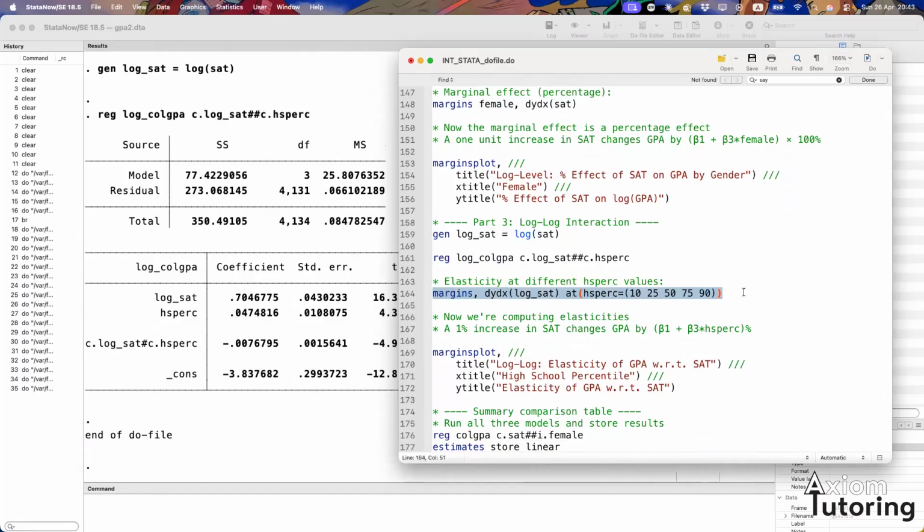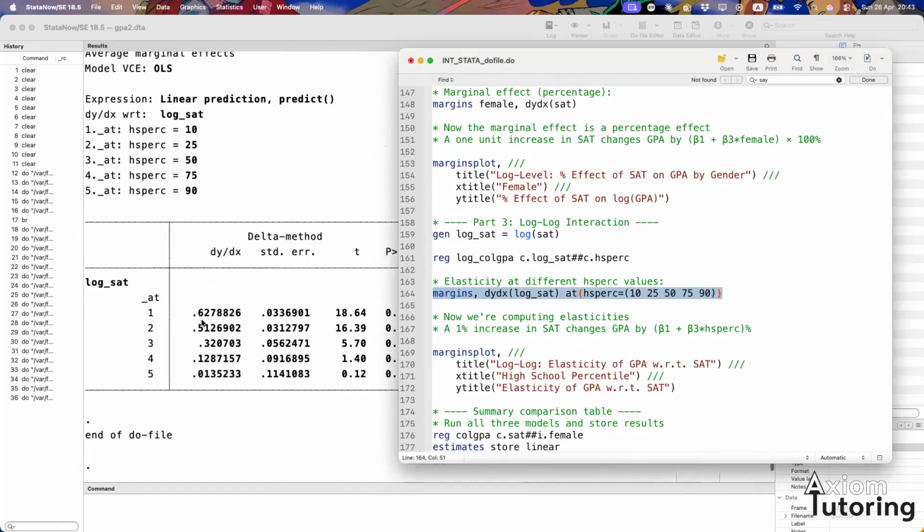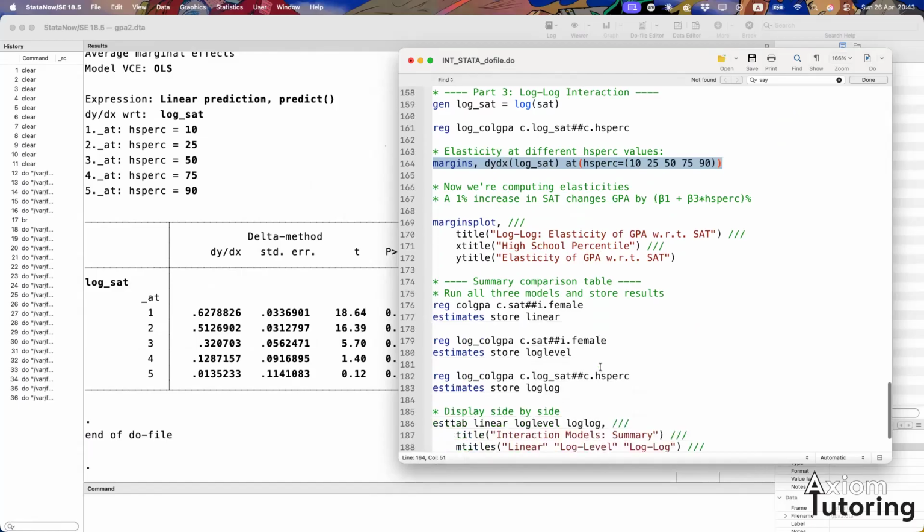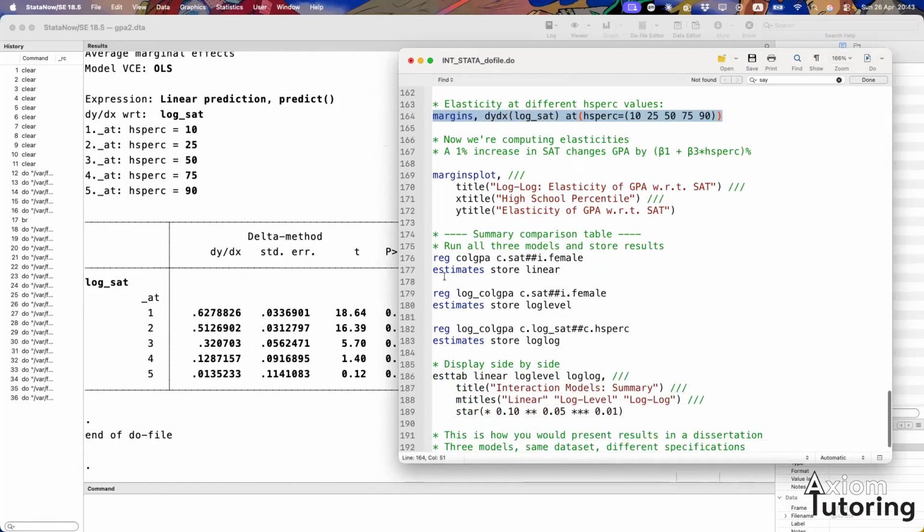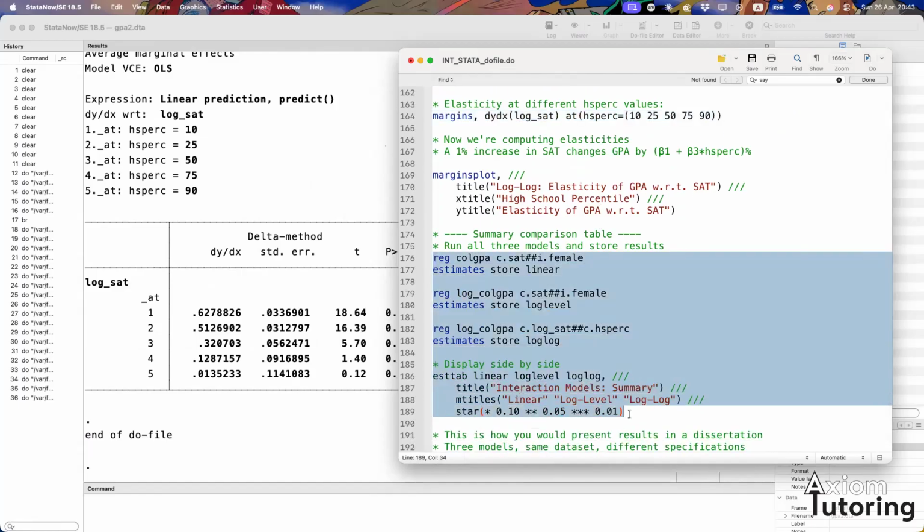And the interpretation now is in elasticity, so we're going to say a 1% increase in SAT changes the GPA by beta 1 plus beta 3 times percentage. So in here, we're going to have different numbers depending on the different level of the percentile that you have, okay?